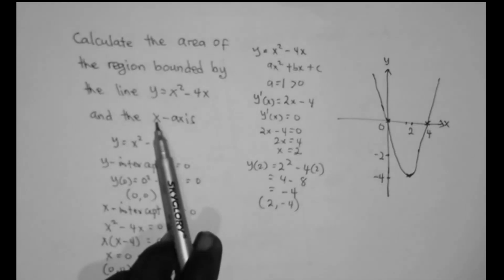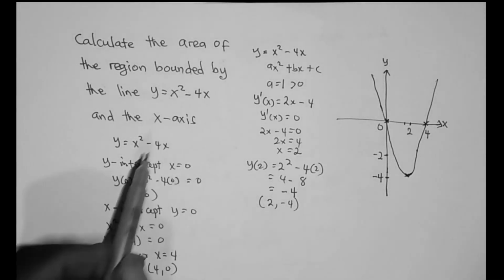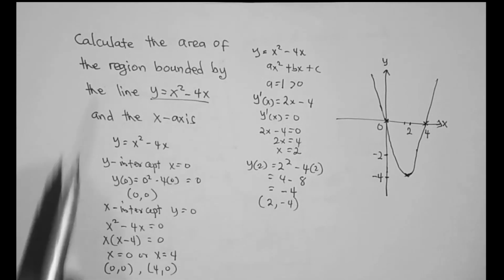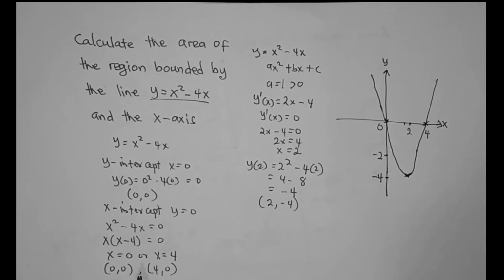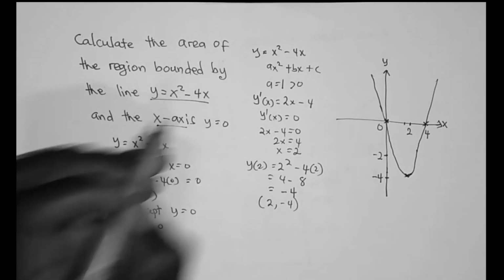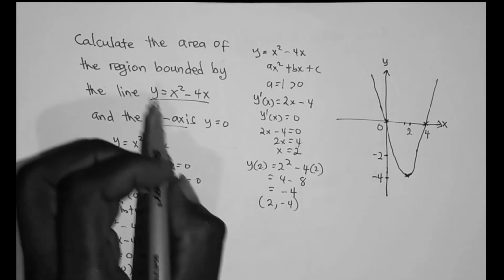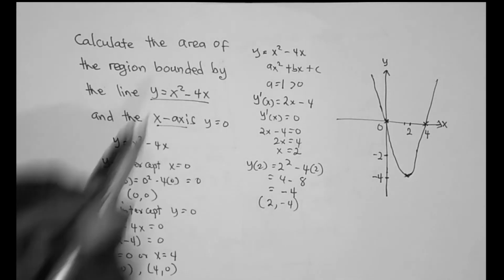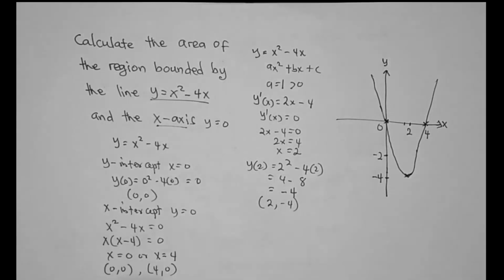that we're given. But it says that the region is bounded by this graph, y equals x squared minus 4x, and also the x-axis. At the x-axis, y is equal to 0. And therefore, the two equations are y equals x squared minus 4x, and y equals 0.